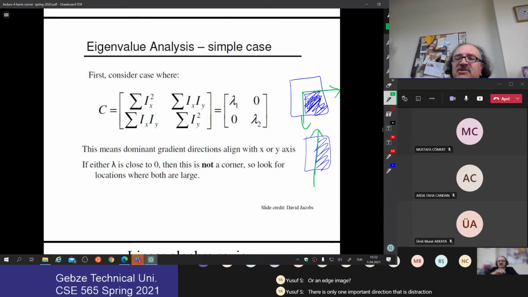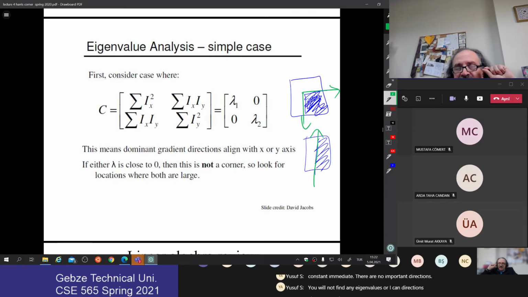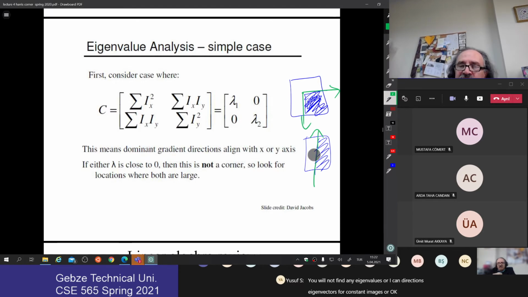For a constant image, there are no important directions. You will not find any eigenvalues or eigenvectors for constant images. For edge images, you are going to find only a single direction, which is the only available eigenvector. For a corner, there are two eigenvectors which are important.